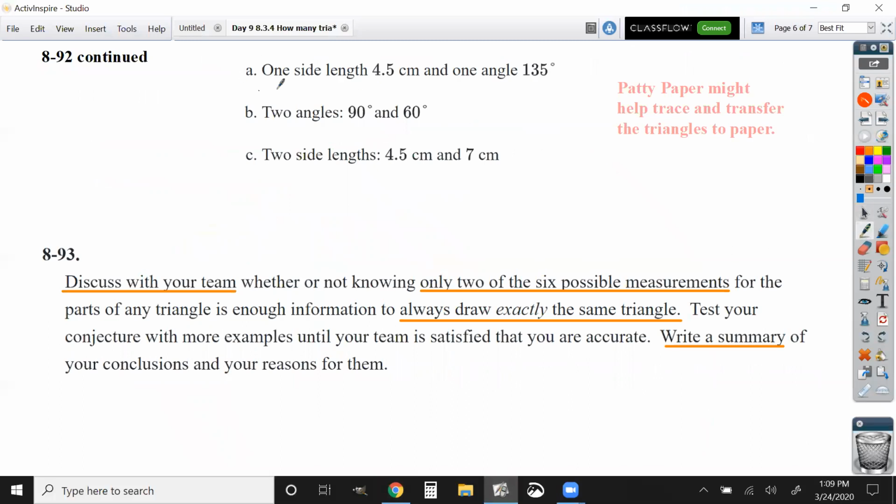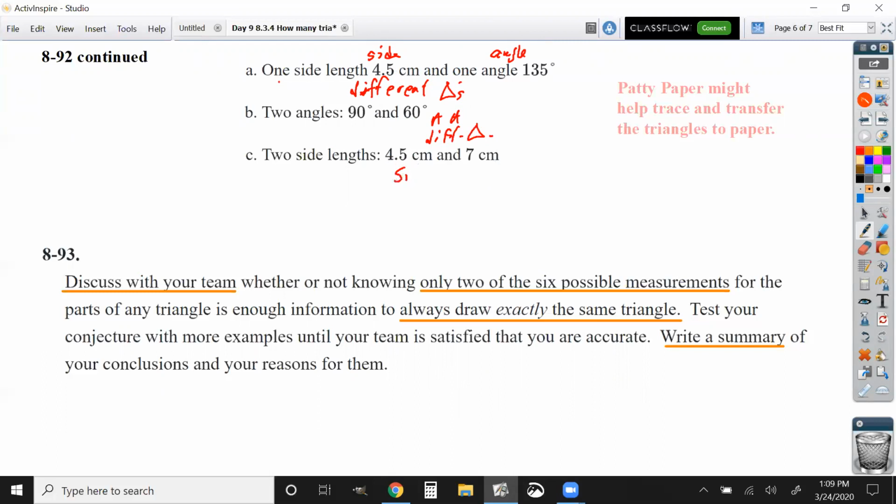So on part A, a side and an angle made different triangles. An angle and an angle made different triangles.